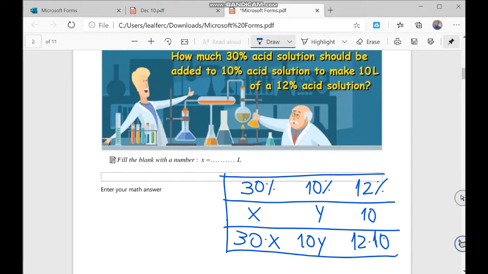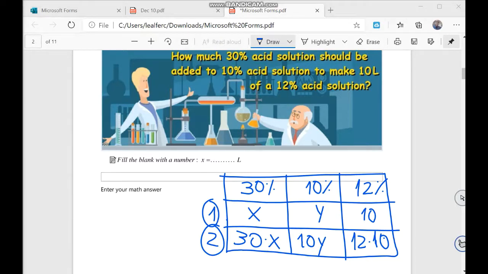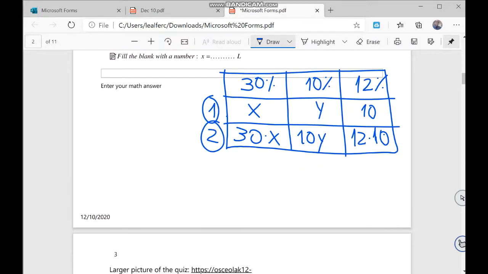Using this table, you can find equation number 1 and equation number 2, a system of linear equations, solve by using graphing methods or substitution methods or the addition method, and you're going to find the right answer. After you work on the table, we write the equations. Equation number 1 is x plus y equals 10.